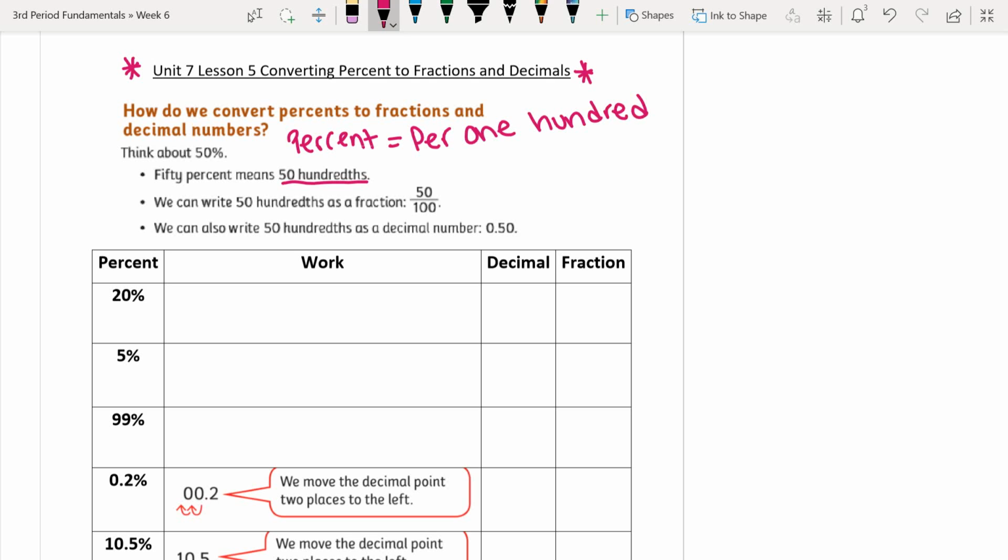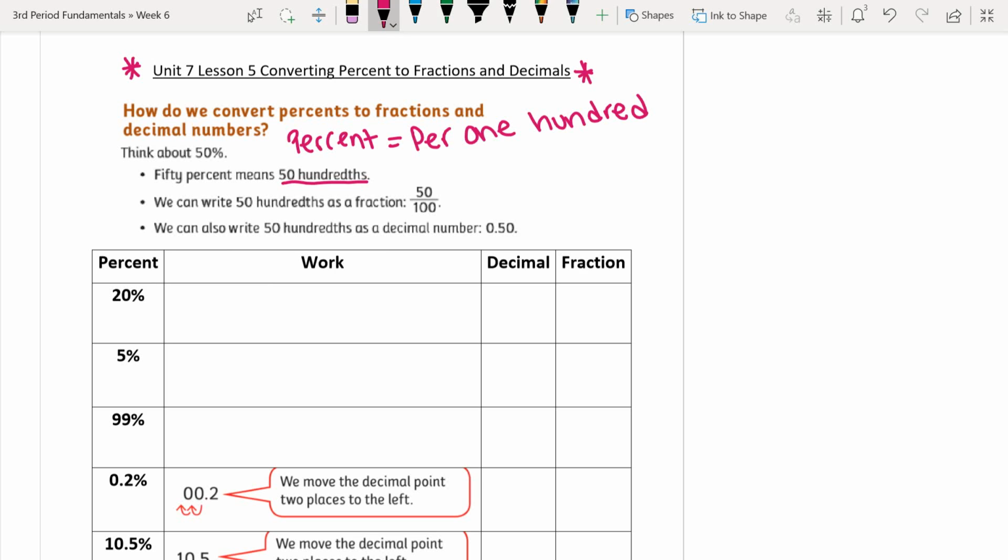And so when you are given a percent, to make it a fraction, all you have to do is take the number you see and put it over 100. So for 50 hundredths, as a fraction, it's just 50 over 100. We can also write it as a decimal, and when we do that, it's just 0.50.